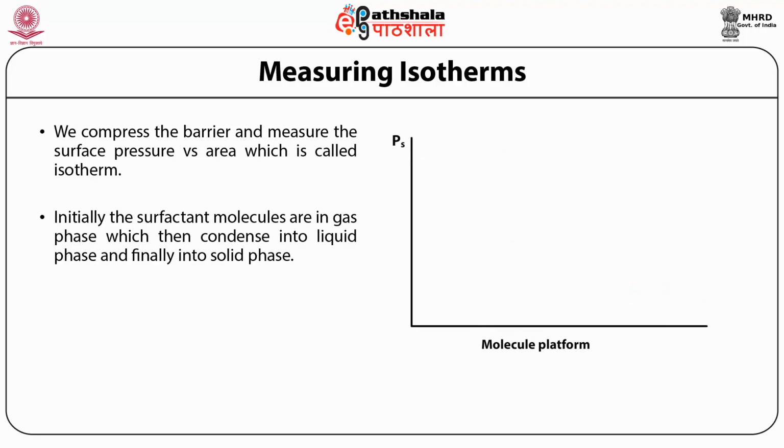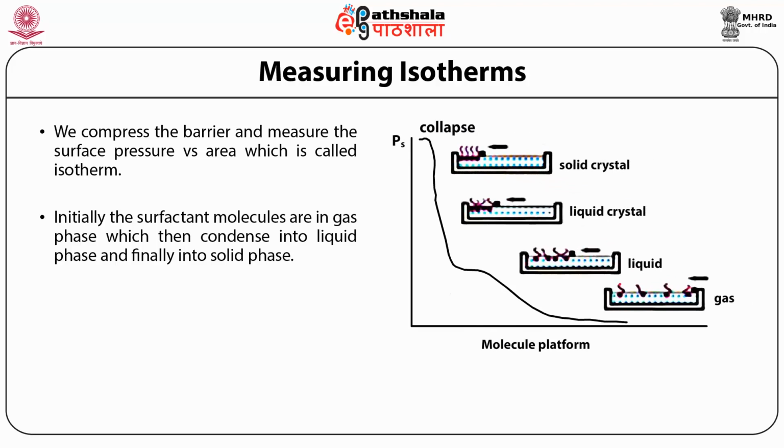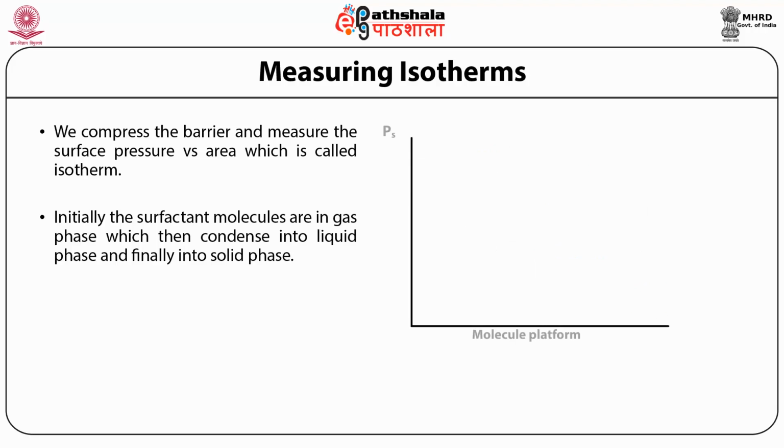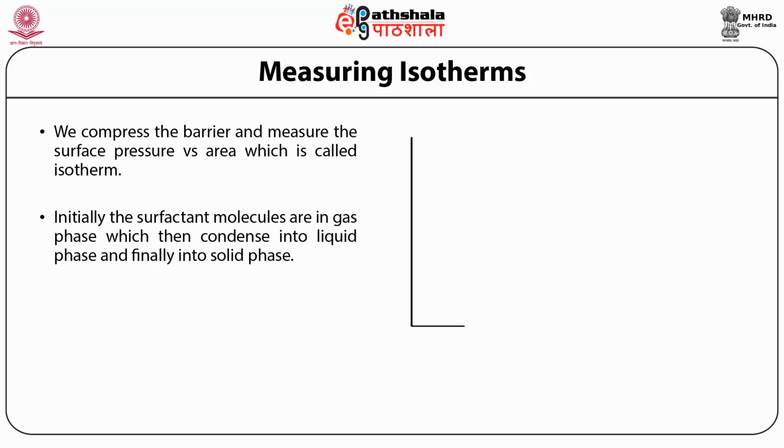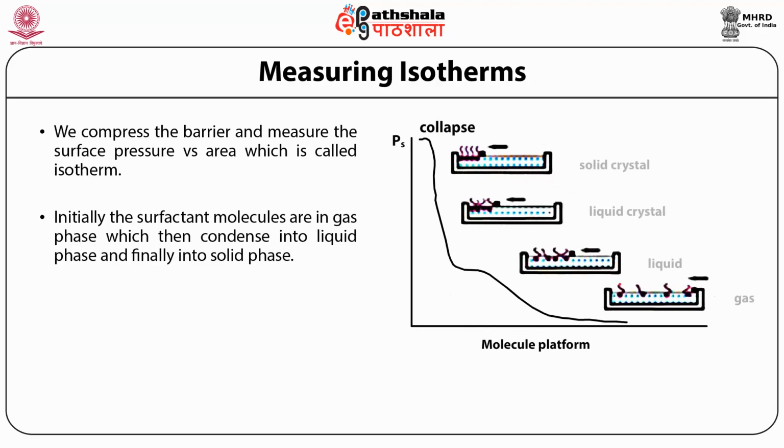Naturally these molecules will come together, and this diagram plots the molecular area and the surface pressure on the y-axis. As we reduce this molecular area, we can see that the surface pressure is very low, so they are in a gas phase. When they begin to interact, you can see the slope rise.